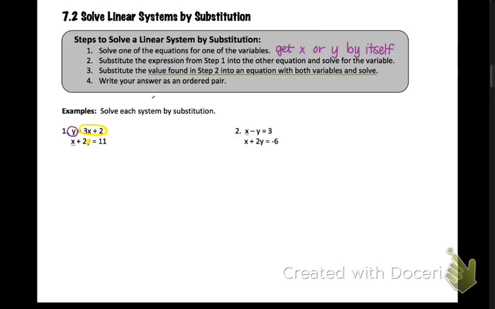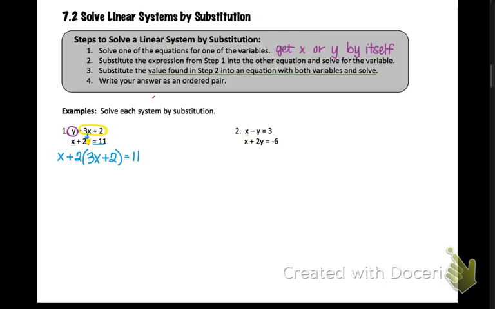So here's what this first x is not going to change because we're not doing anything to x. Plus 2 times. Now I'm taking all of this stuff and plugging it in for y instead. So I'm going to take out the y and replace it with 3x plus 2. And then continue the rest of the equation like normal, equals 11.